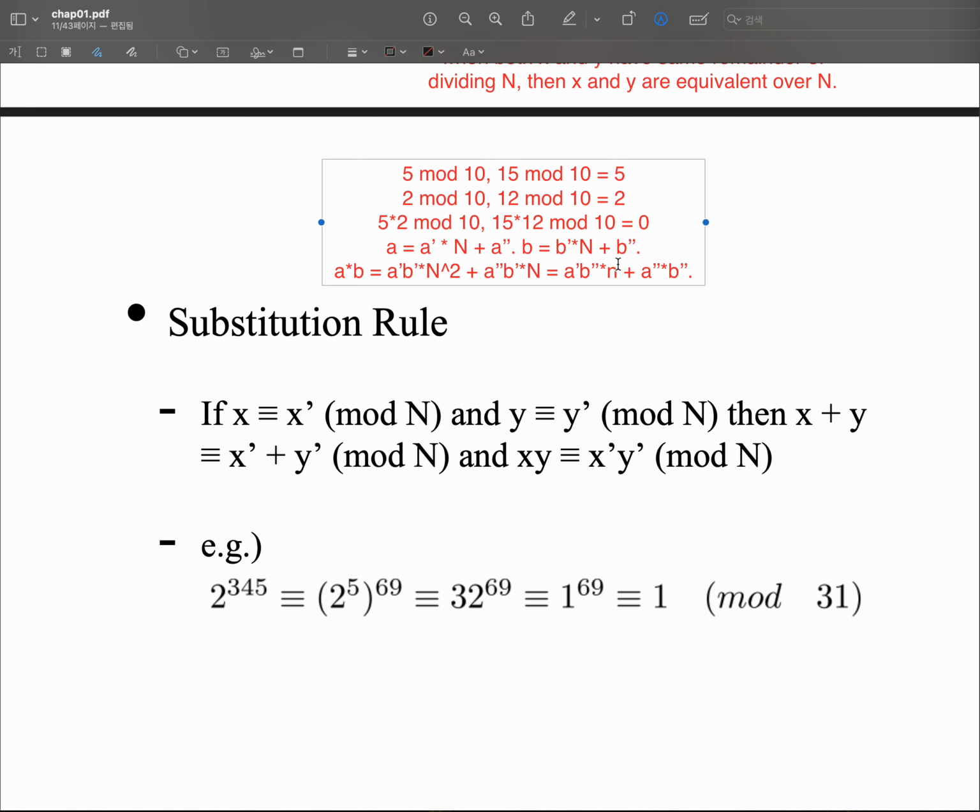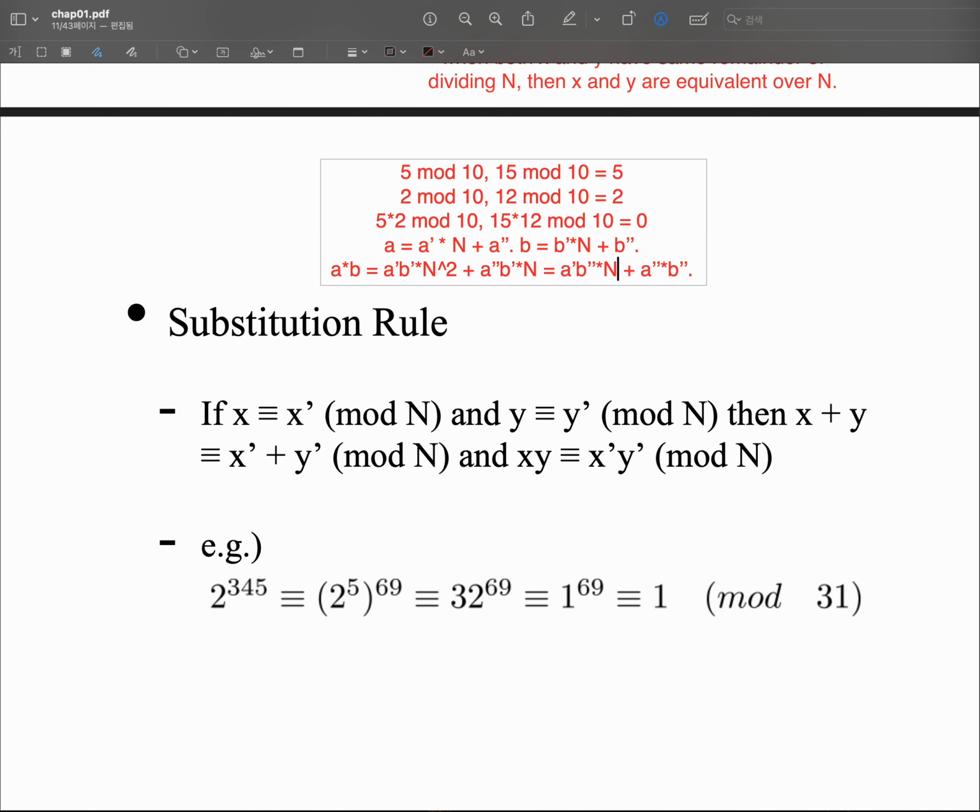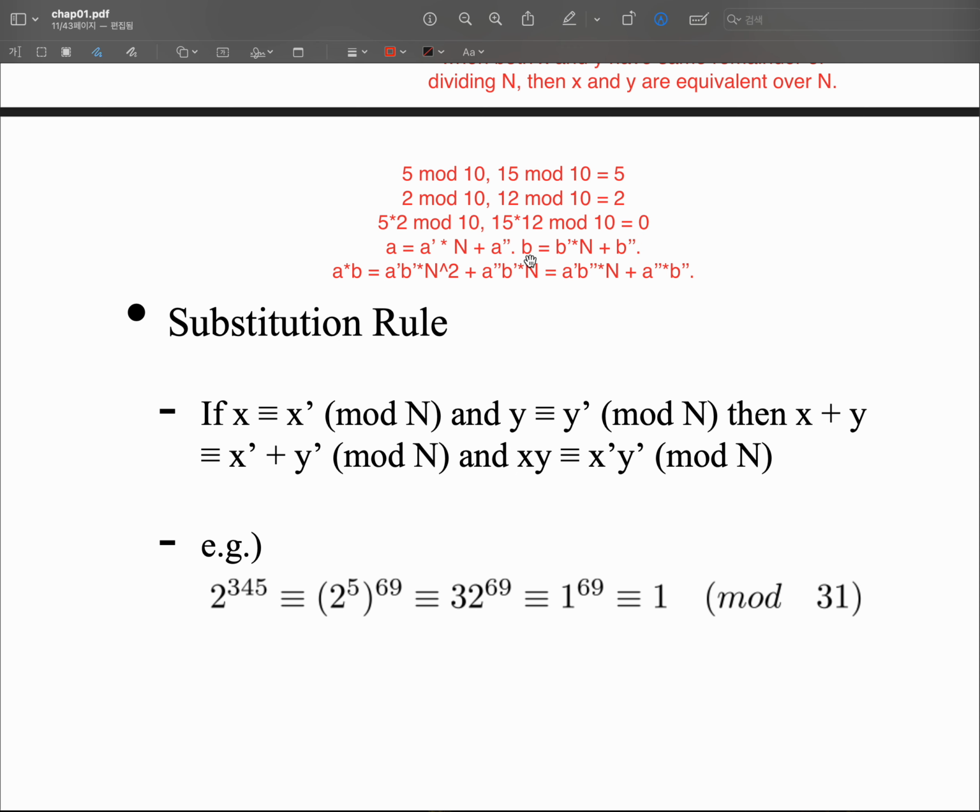So if you divide this by N, then this can be 1, okay? This can be 0, the remainder, okay? The remainder value will be 0. This guy, the remainder will be 0, 0.